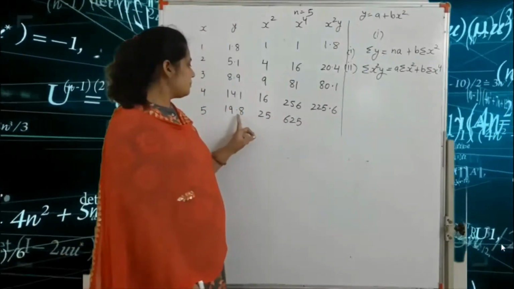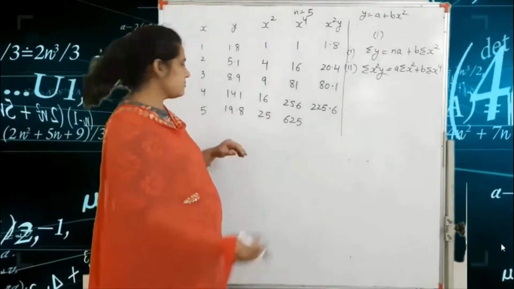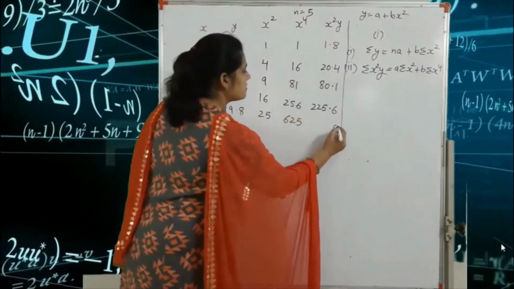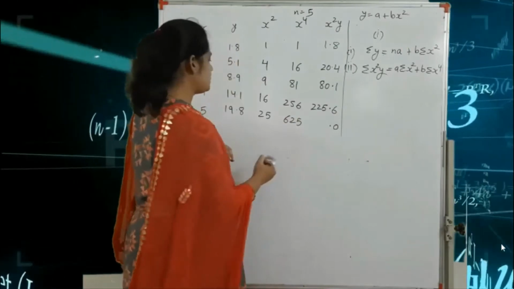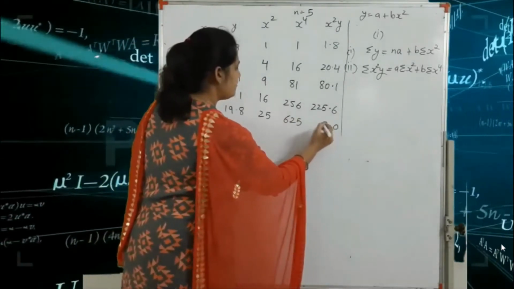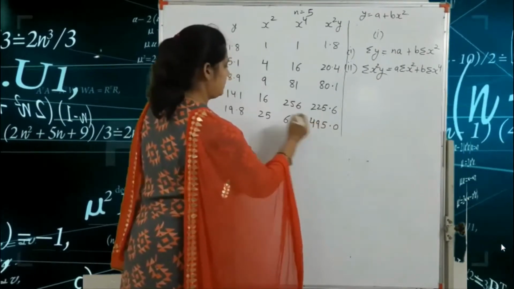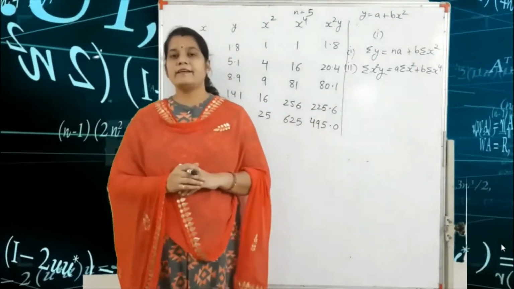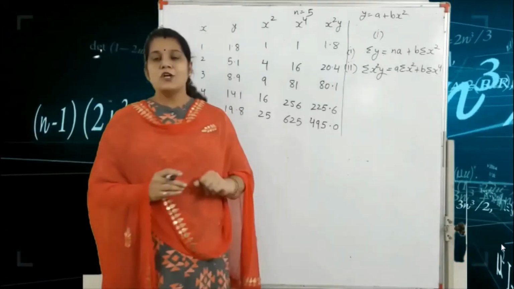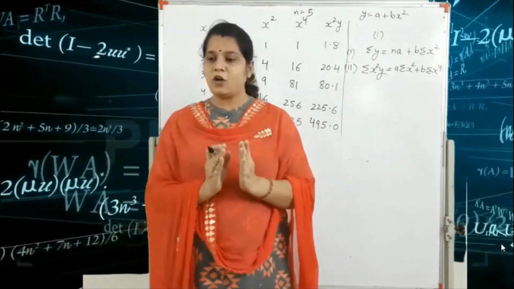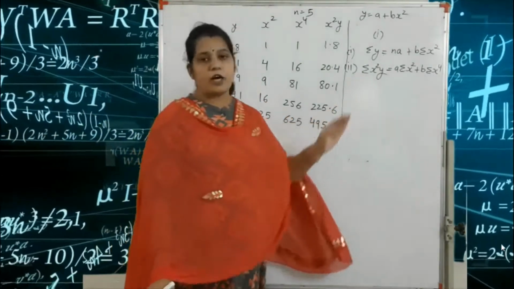Multiplying 19.8 into 25, we get 495.0. So we make the table according to the normal equations.